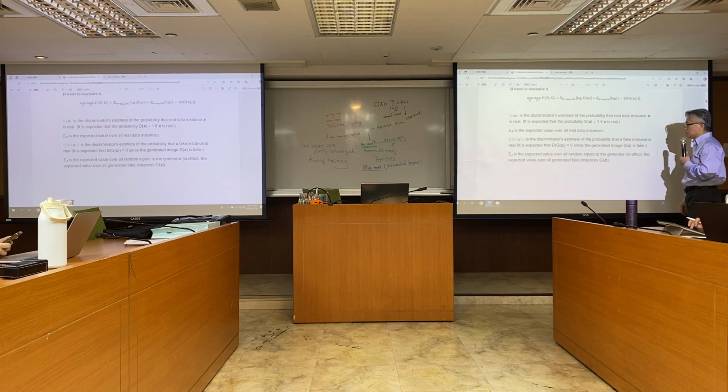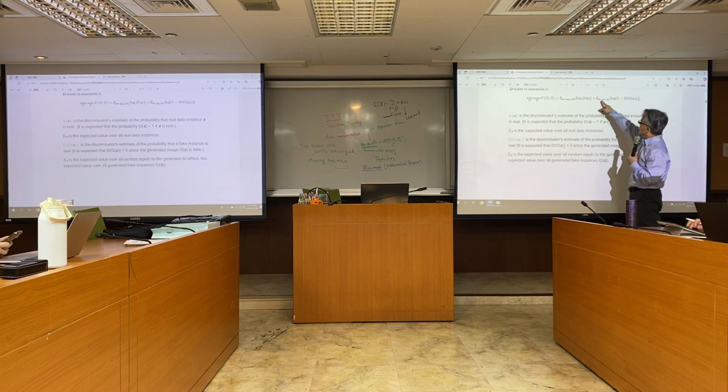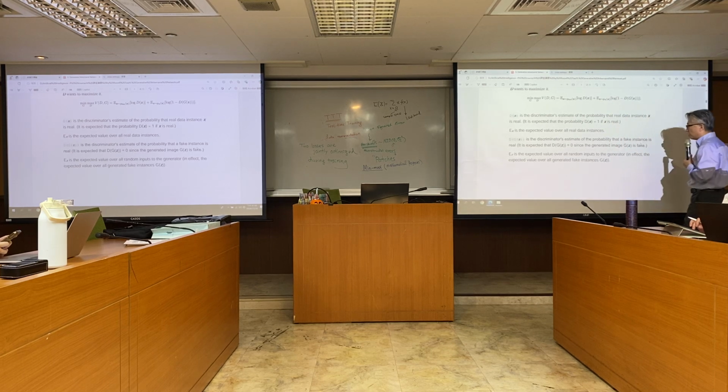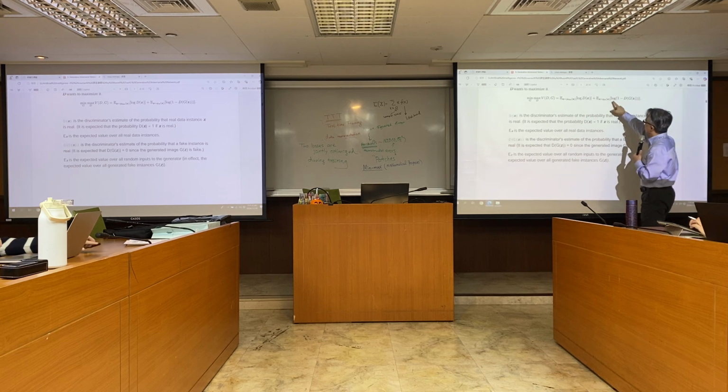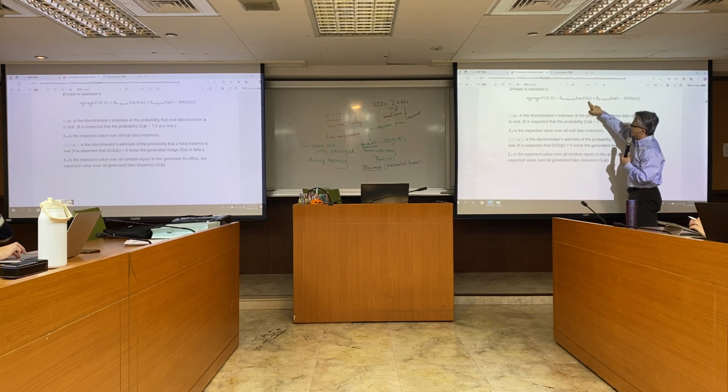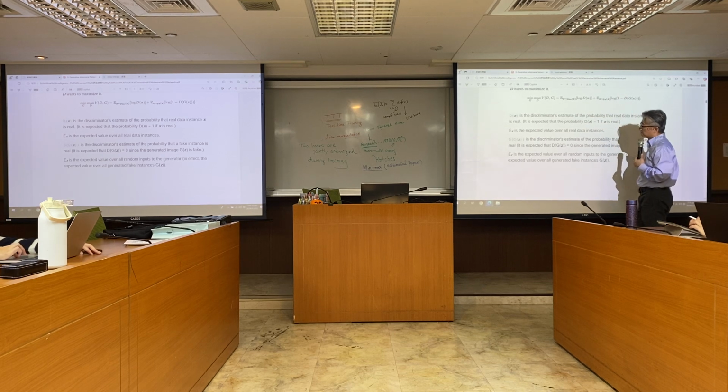EZ is right here: the expected value over the random input to the generator. In fact, the expected value over the generator instance, G of z. And so this is the generator, and this is the discriminator.